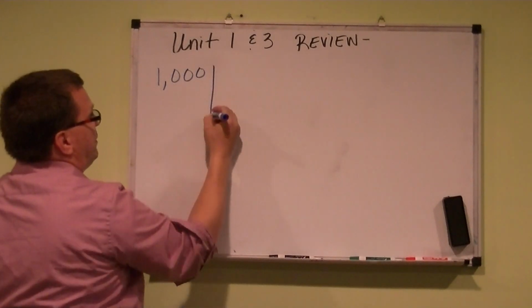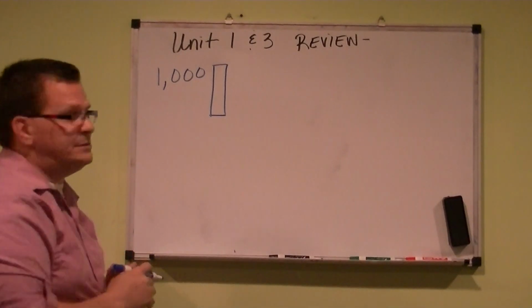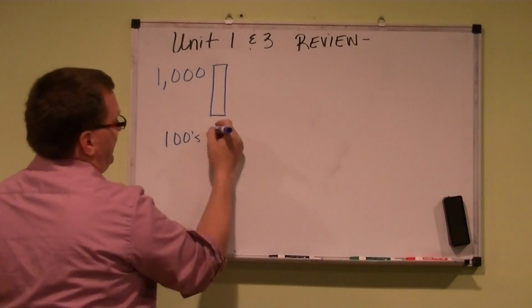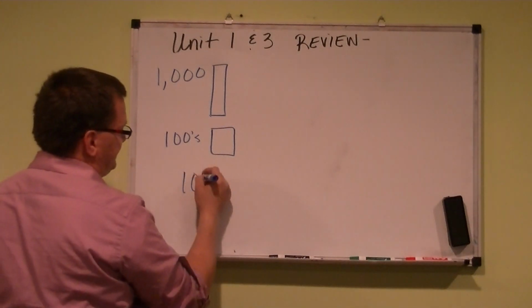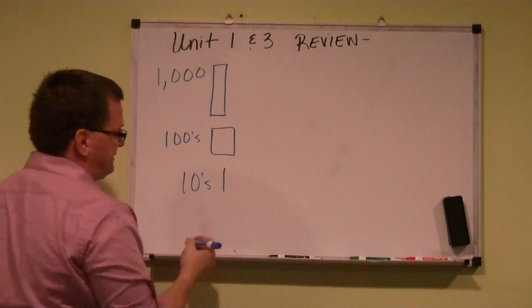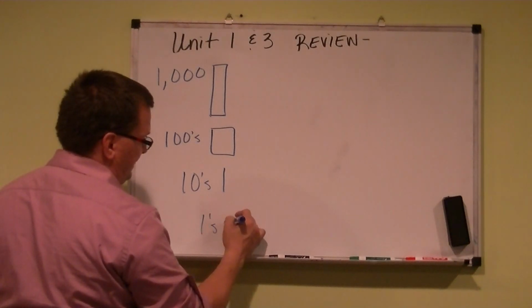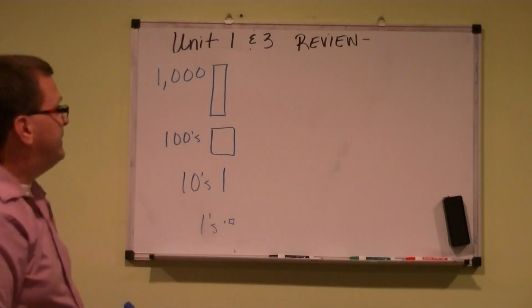And they were the long rectangles. And then we have the hundreds. And they're the bigger boxes. Then the tens is just a straight line for us. And then the ones was either a dot or you can make it a square. It doesn't matter. Either which way. But you get the idea.